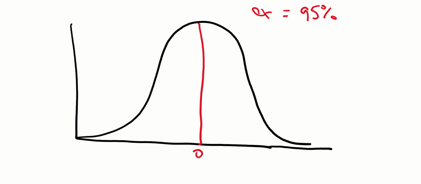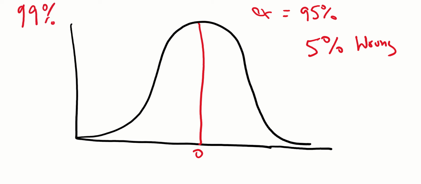If we have an alpha of 95%, that means that we're willing to be wrong 5% of the time. So if we had an alpha of 99, that means that we're willing to be wrong 1% of the time, right? And let's look at this as a decimal, right?